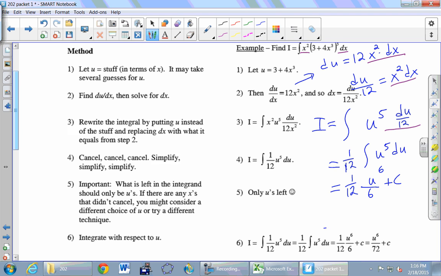We're done. Just plug it back in. I'll merge the 6 and the 12, so that's a 1/72. And then instead of u, we're going to put whatever it was, 3 plus 4x cubed. And that's now raised to what power? To the 6th, plus c.